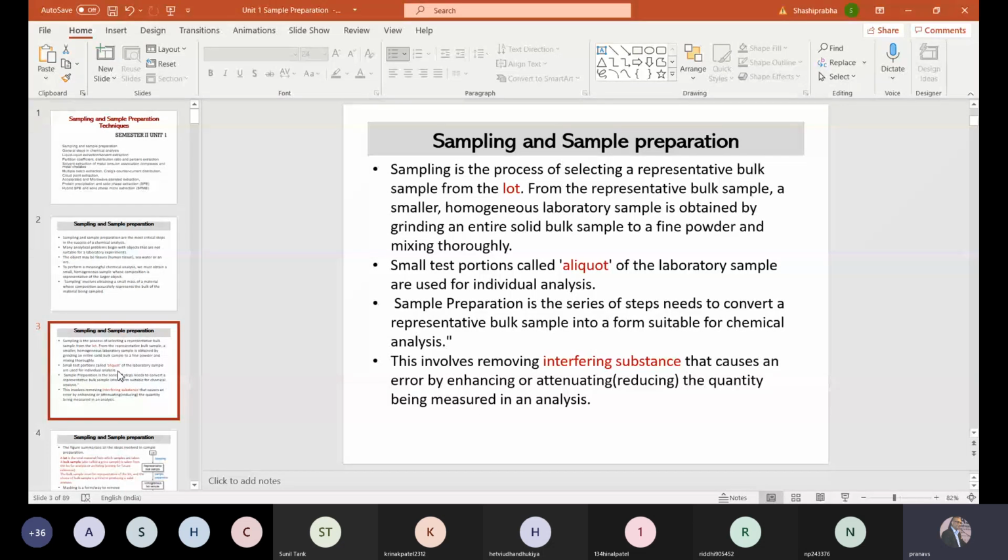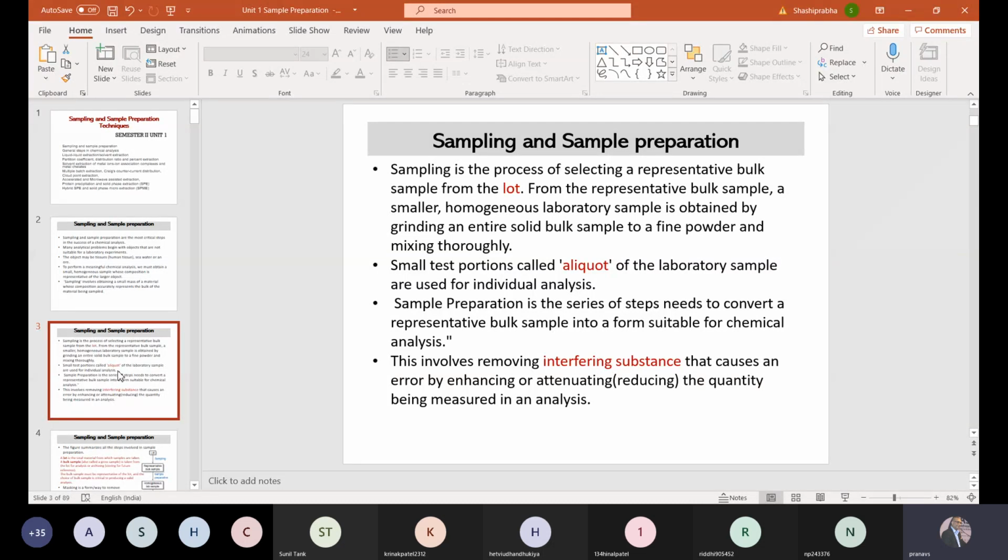We have collected a highly homogeneous laboratory sample by following any of the known processes. It could be grinding, mixing. Grinding could be in a grinding mill, or in a mortar and pestle, or it could be dilution, digestion, or distillation. Any of these processes once we do with the sample, we finally collect a small test portion, और उसमें से हम थोड़ा सा ले लेते हैं directly, which can be subjected to analysis in an instrument. That is known as an aliquot.